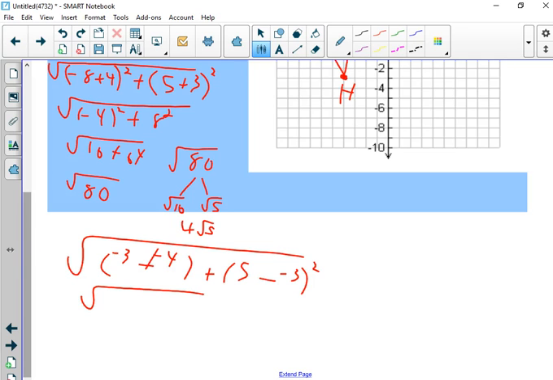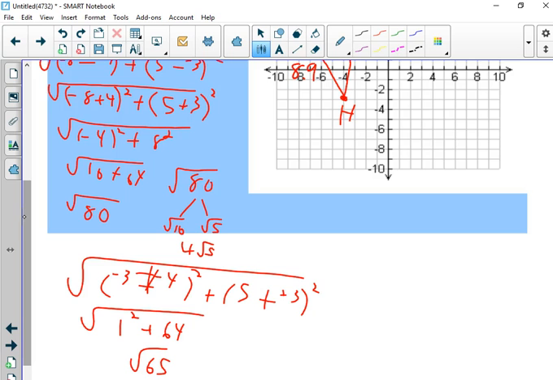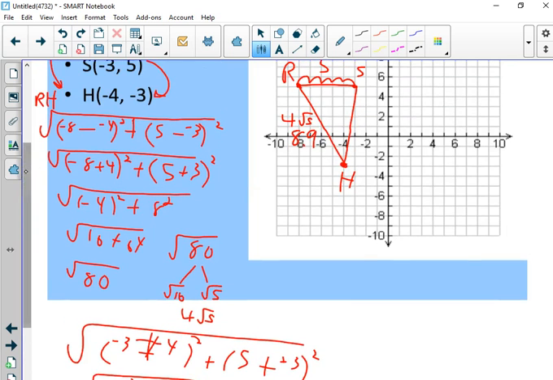That ends up being plus. Negative 3 plus 4, so that's 1 squared, plus 5 plus 3 is 8, so 8 squared is 64. So that's the square root of 65. And the square root of 65 is 8.06, 8.1. Which makes sense, because 64 is 8. So it should be just a little bit bigger, 8.1.